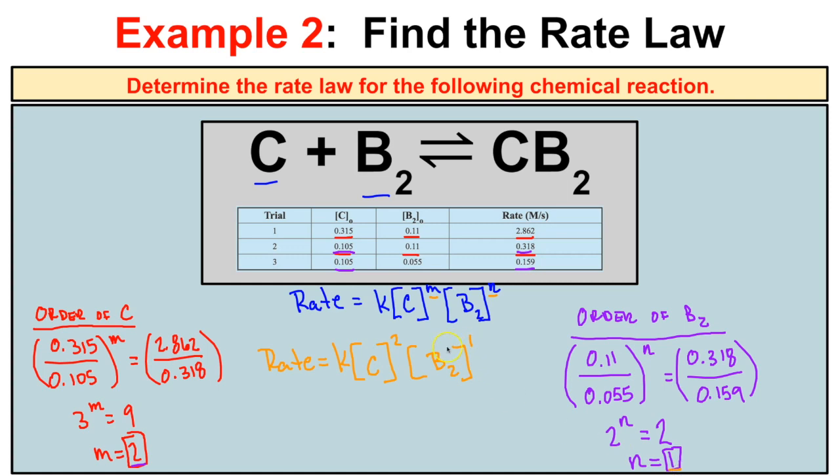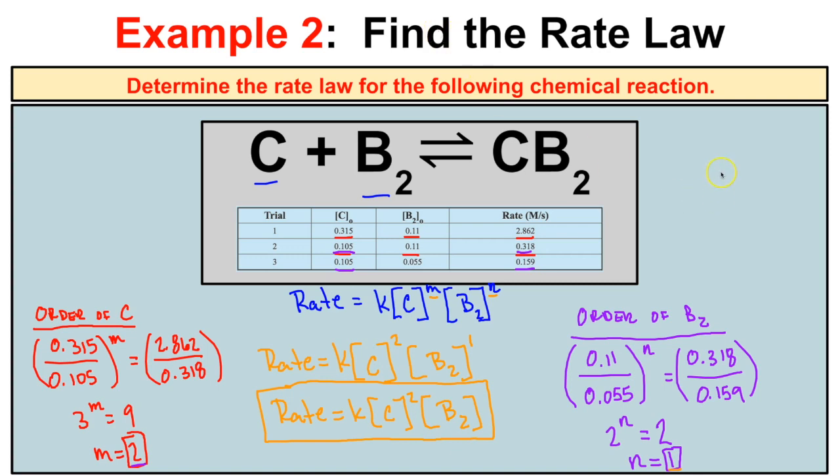But we don't need to write 1s as superscripts or as exponents, so the rate here is going to equal K times the concentration of C to the second power times the concentration of B2. And so, what is the rate law for this chemical reaction? Well, it's right here.